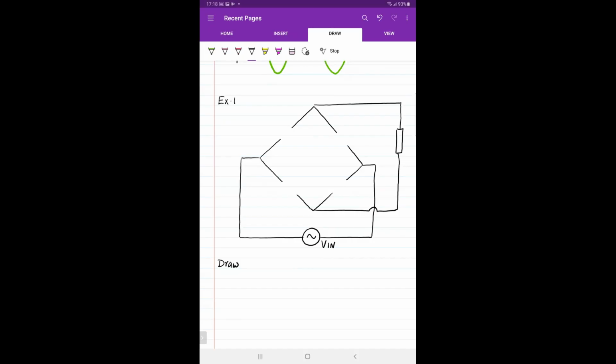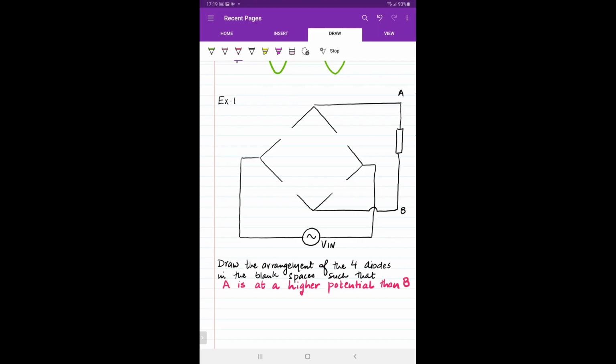Draw the arrangement of the four diodes in the blank spaces such that A is at a higher potential than B, or something along these lines. इस तरह की wording लिखी हुई होगी, such that A, in fact इस wording को red से लिख लो ताकि आपके लिए highlight करना आसान हो, such that A is at a higher potential than B. Something along these lines.